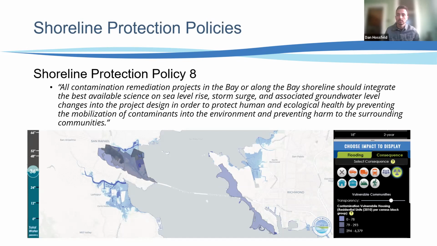That's groundwater rise and the possibility of emergent groundwater or mobilization of toxic substances through flooding of contaminated sites. This is a newer policy, but shows how BCDC can respond to emerging threats due to climate change. The threat of contamination is compounded by sea level rise, and these policies attempt to address that with project partners.